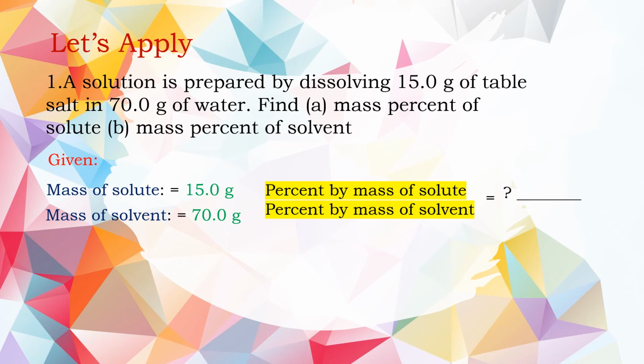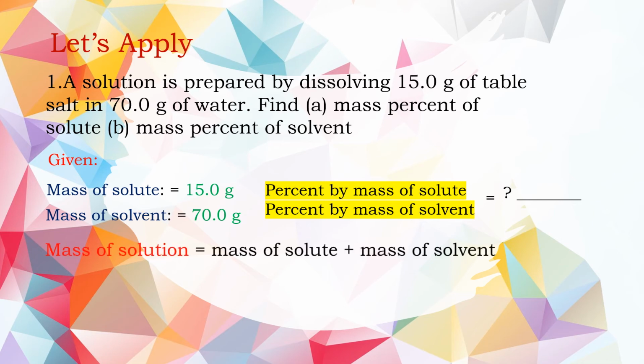So given na po ba yung mass of the solution? Wala pa. So again, let us add the mass of solute, which is 15.0 grams, plus 70.0 grams of the solvent. So the mass of solution is 85.0 grams.